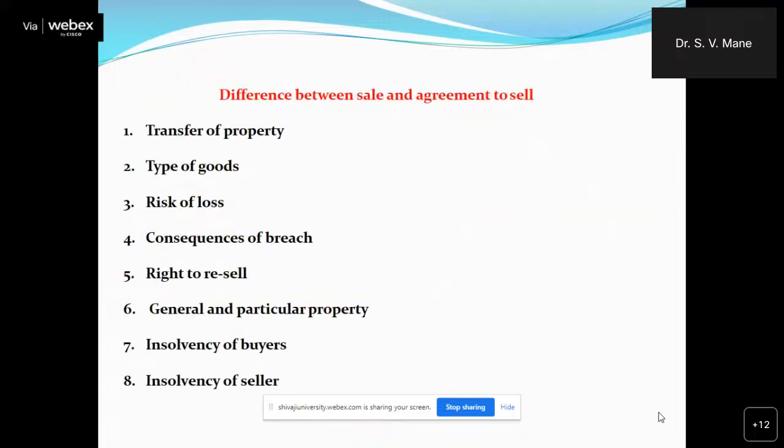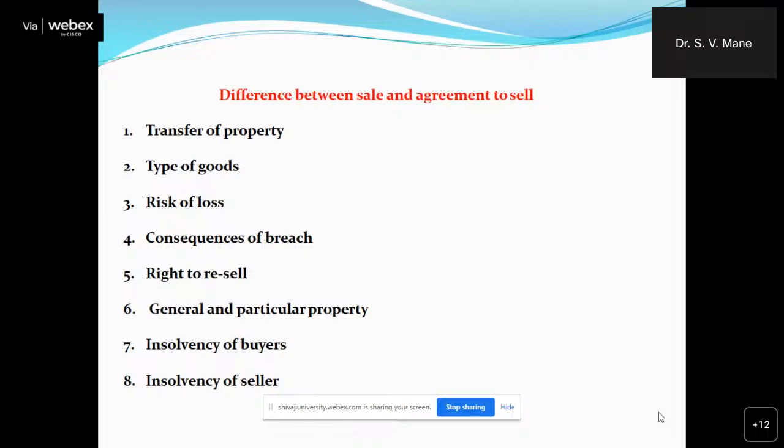Now let us discuss sale and agreement to sell. What is the actual difference between them? The first one is transfer of property. In case of sale, property in the goods transfers from the seller to the buyer immediately. Here we discussed that the goods are immediately transferred to the buyer from the seller.